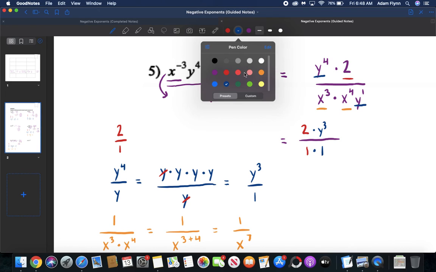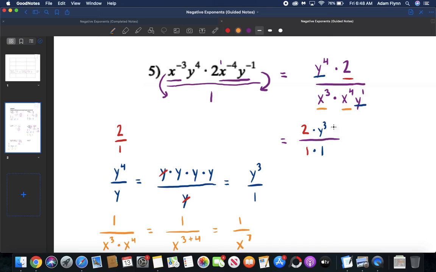And for my orange fraction, I had 1 over x to the 7th. So now I can multiply the top and bottom, get my final answer. So upstairs, 2 times y to the third times 1 is going to be 2y to the third. And down bottom, I've got 1 times x to the 7th, which is going to be x to the 7th. And this will be my final answer.